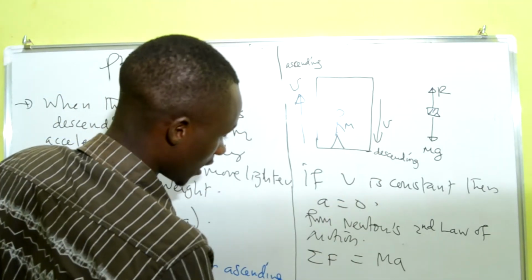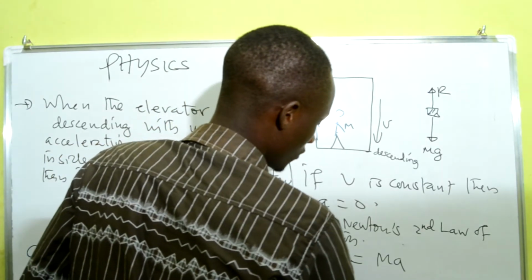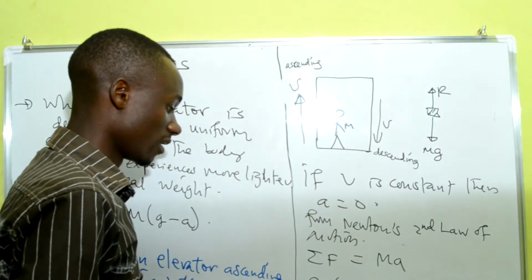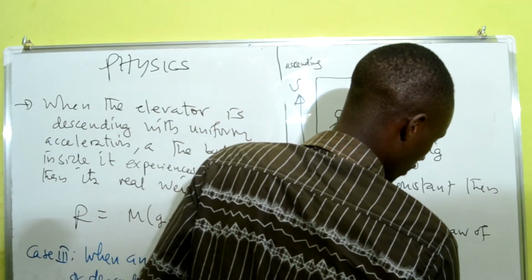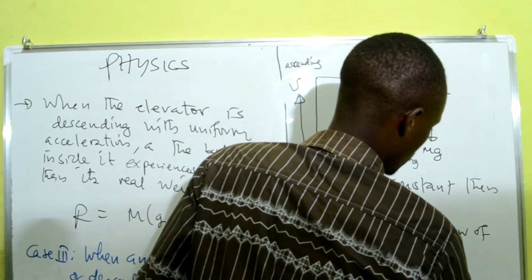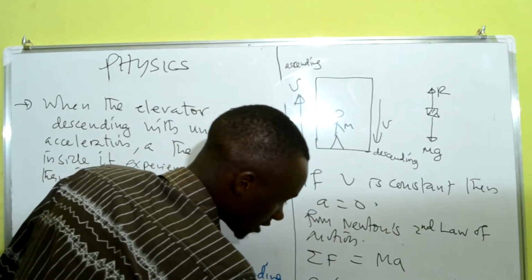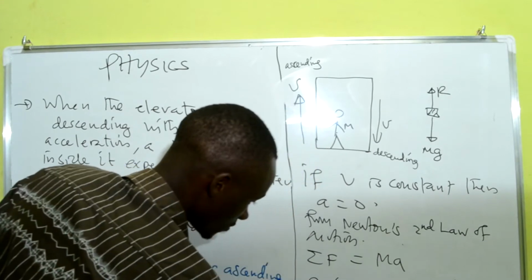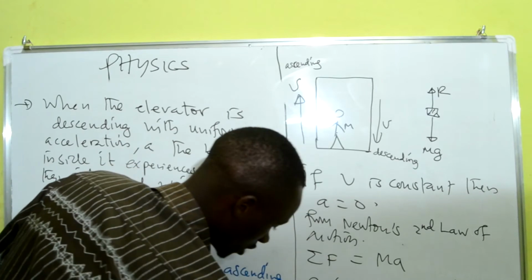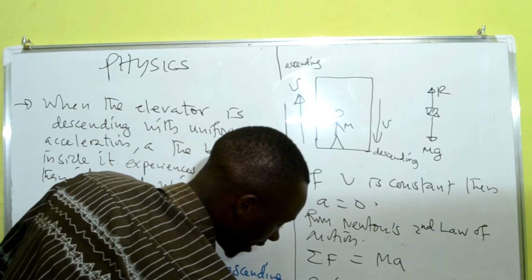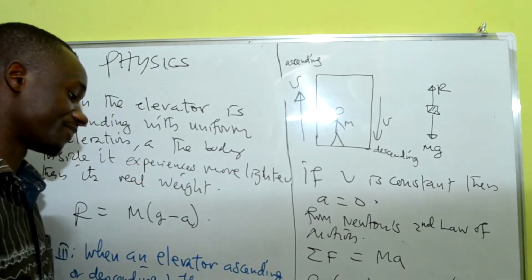Considering R minus mg equals mass times acceleration, this is for ascending, when the elevator is ascending. Now, because acceleration is equal to 0, this means R minus mg equals 0, and therefore apparent weight R equals the real weight mg.